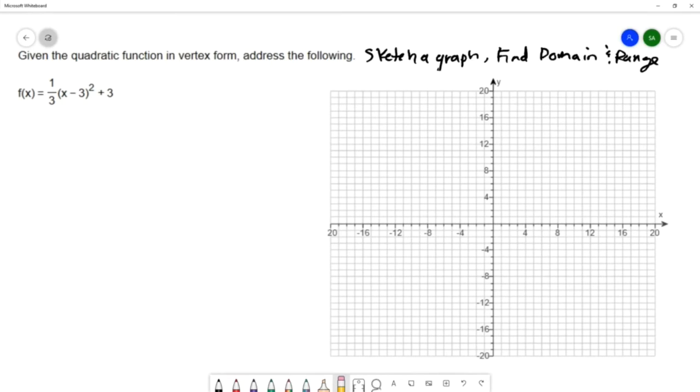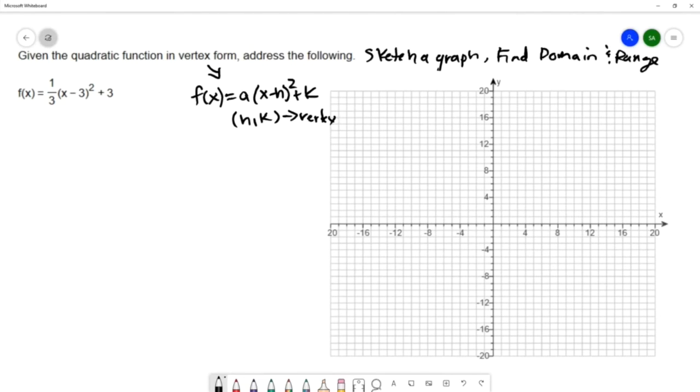So this quadratic function is in vertex form, or sometimes called standard form. And what that means is that our function follows this particular pattern: a times (x minus h) squared plus k, where the ordered pair (h, k) is the vertex of the graph of the parabola.